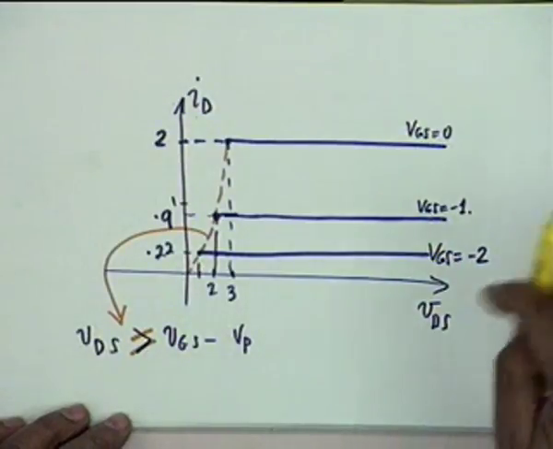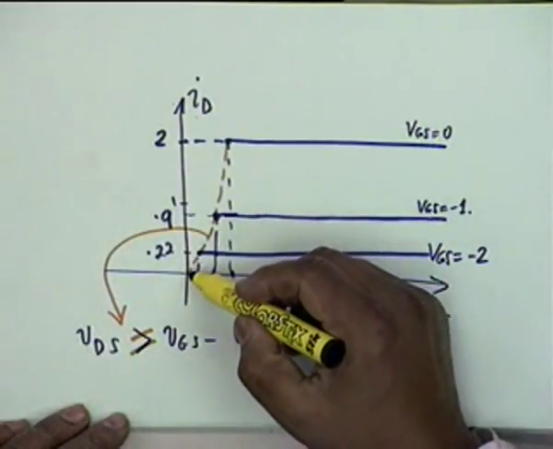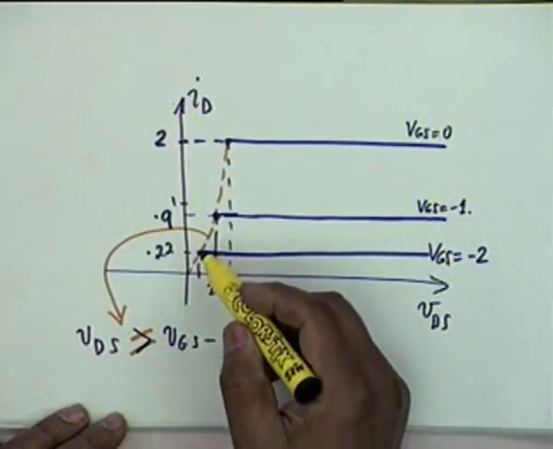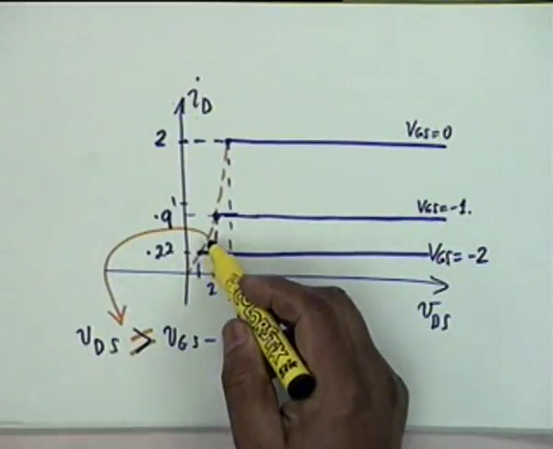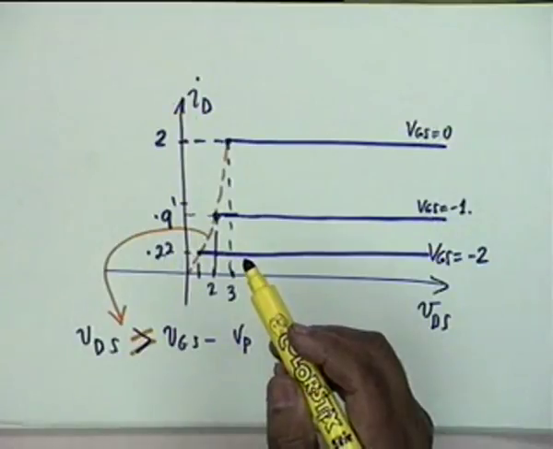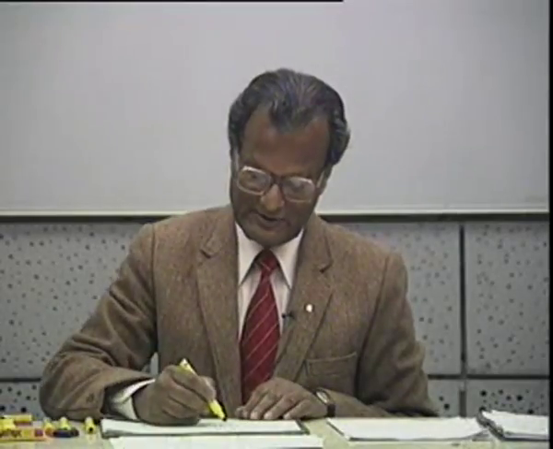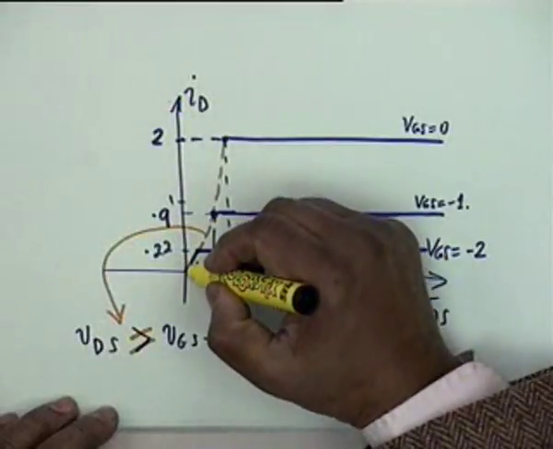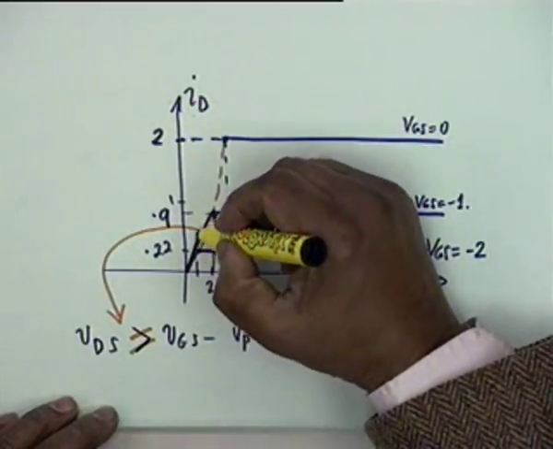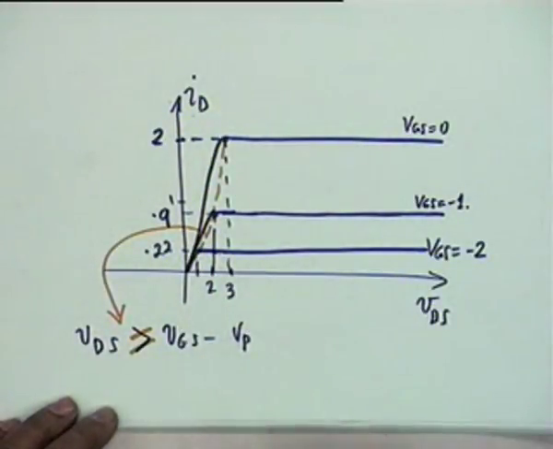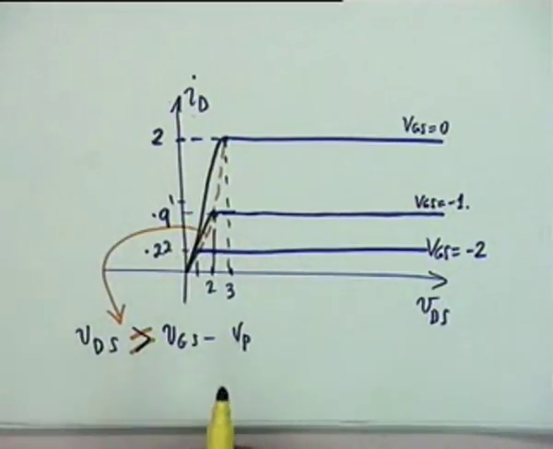You know that between VDS equal to 0 and VP it is an ohmic characteristic, so you can approximate it by a straight line, alright. So our characteristic would be like this, this is one, this is the other, and this is the third. You can approximate that by a straight line because it is ohmic, ID versus VDS.